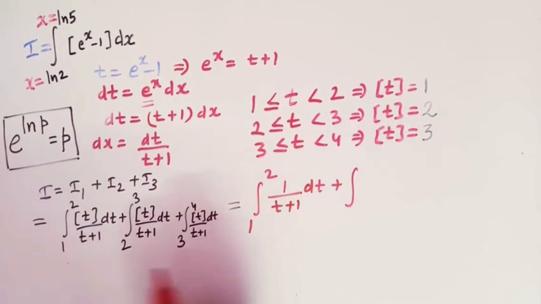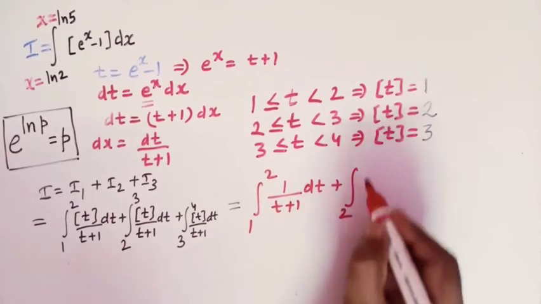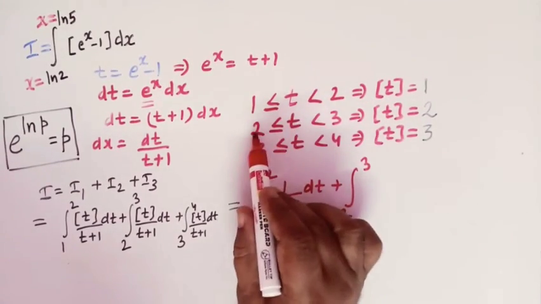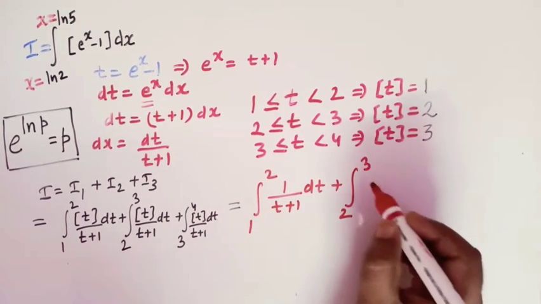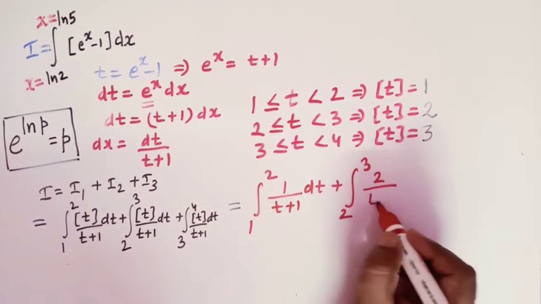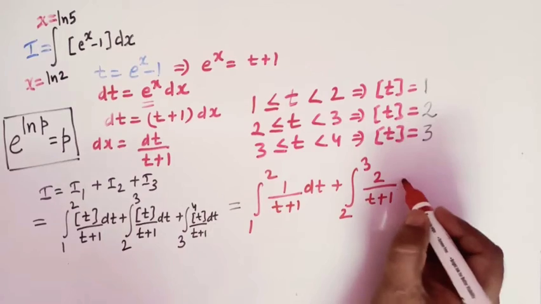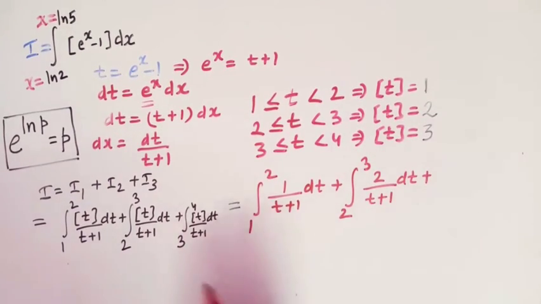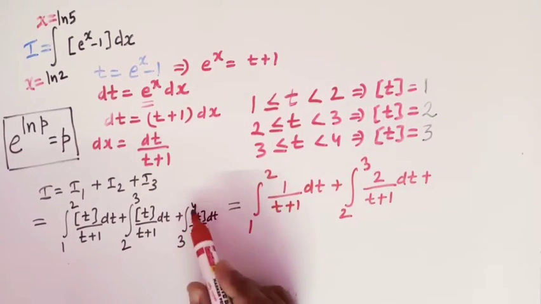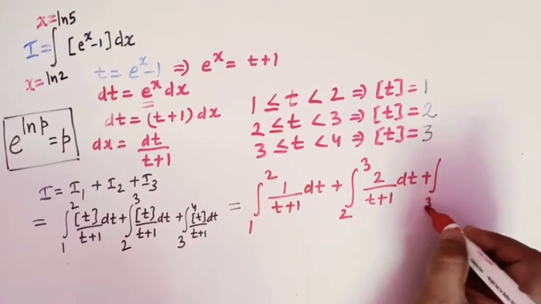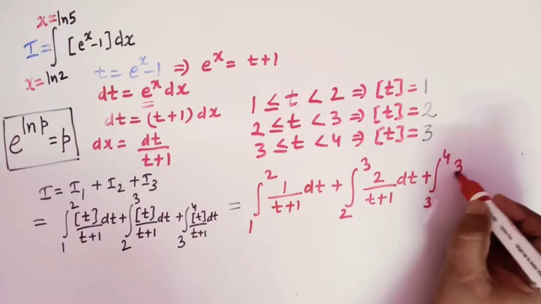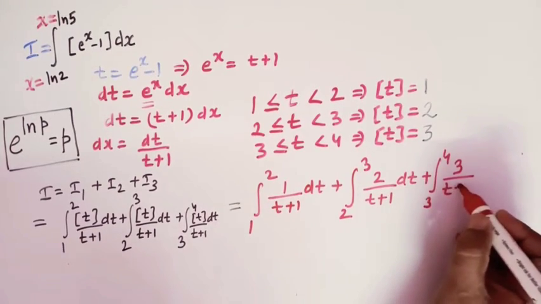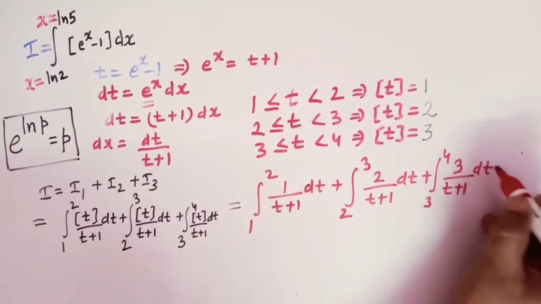I2 is from 2 to 3, and when t lies between 2 and 3, the value of the greatest integer t is 2. So here we have 2 over t plus 1 dt, and when t lies between 3 and 4, then the value of the greatest integer t is 3, and in the denominator we have t plus 1, right?